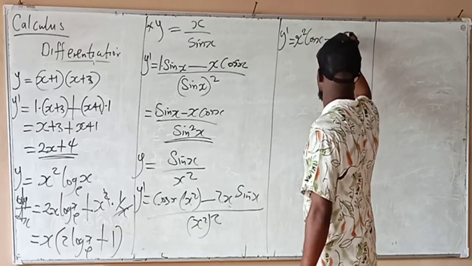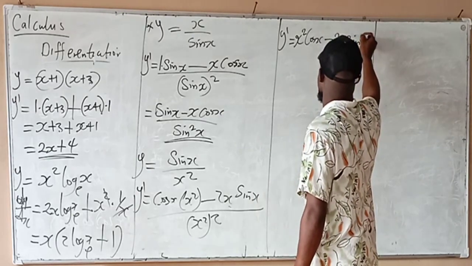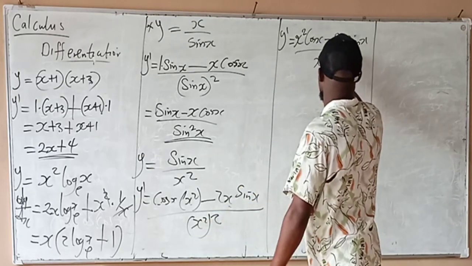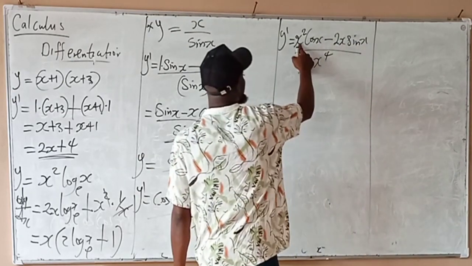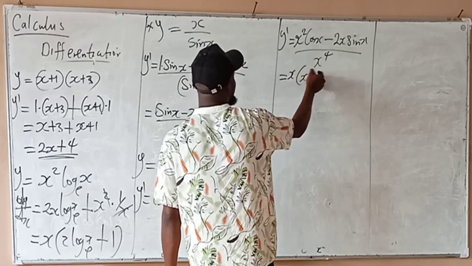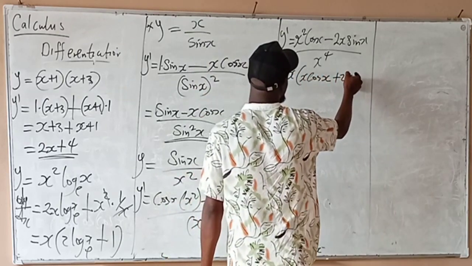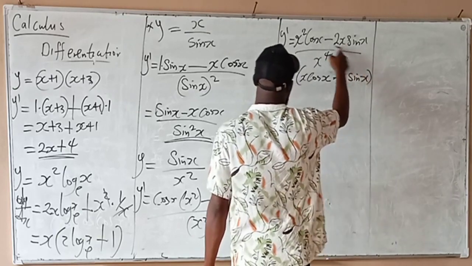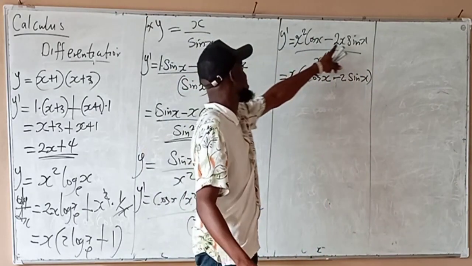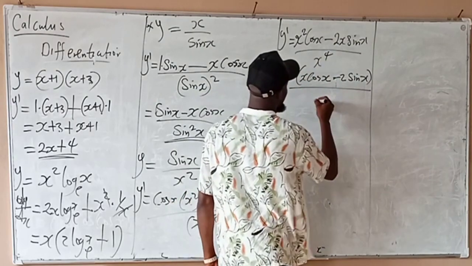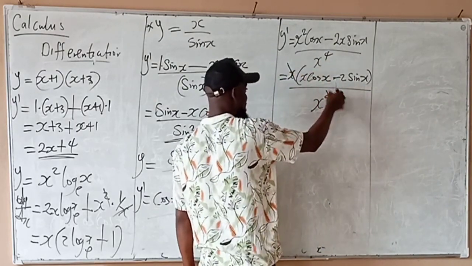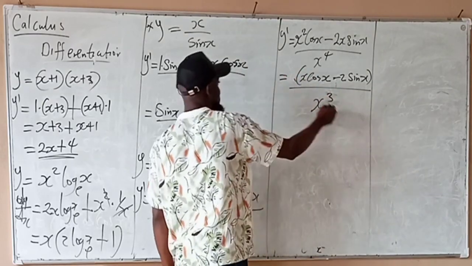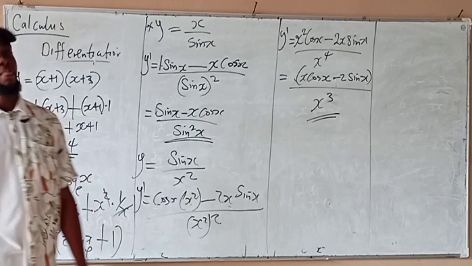Minus 2x sin x over x to the power 2 times 2, that is x^4. So x is common, we take x out: x(x cos x minus 2 sin x) over x^4. One x cancels, and x^4 is reduced to x^3. That becomes the final answer.